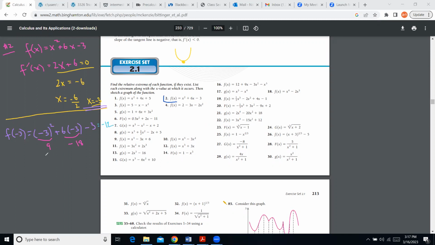So this way I can graph this parabola that opens upwards. Here's minus 3 for x and minus 12 for y, the vertex of that parabola. So when I do the graph, I'm going to have the parabola that opens upwards and goes somehow like that, and we've got the result.